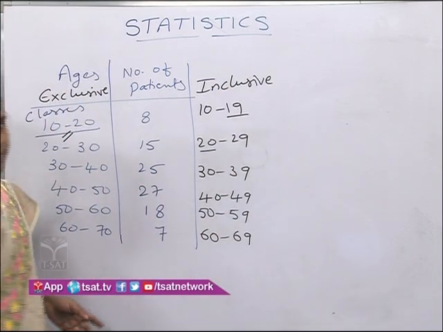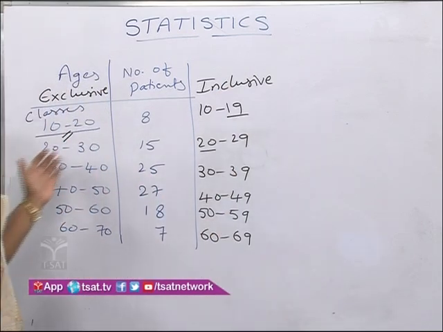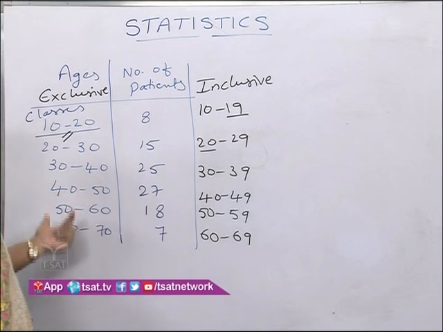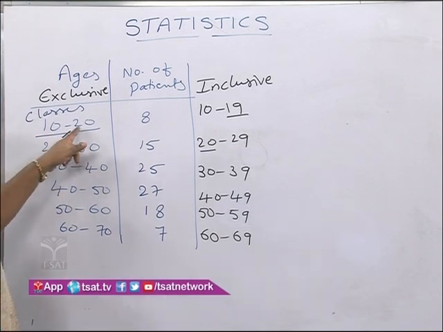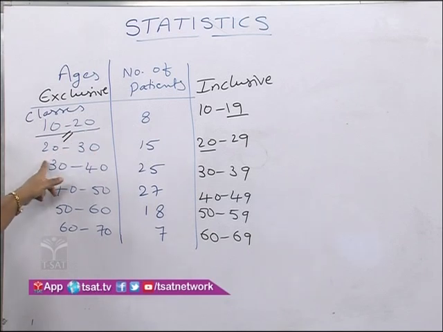So, classes are of two types: one is exclusive, the other one is inclusive. In the exclusive classes, the upper and lower limits of the consecutive classes are equal. As they are equal, we can also say that the classes are overlapping or continuous. So, we call them exclusive classes or overlapping classes or continuous classes.